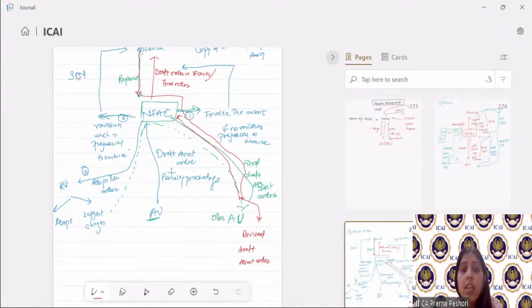But in specific cases, for example where there is an addition in the draft assessment order, the revised draft assessment order or the final draft assessment order, and an opportunity is provided to the assessee by issuing a show cause notice, the assessee can request a personal hearing to make oral submissions.